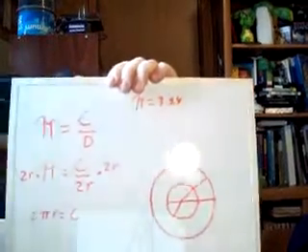Alright, now then, I'm sure you've often heard that the circumference of a circle is equal to 2 pi r. How do we get that? I'm going to show you how we get that. Okay, first of all, what is 1/2 of the diameter of a circle? Well, that's real easy. 1/2 of the diameter of a circle is the circle's radius.